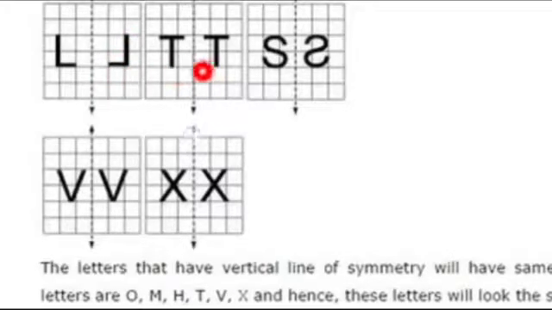T has the same mirror reflection. S has an opposite mirror reflection. You can see here, students. V has the same mirror reflection, and X also has the same mirror reflection.